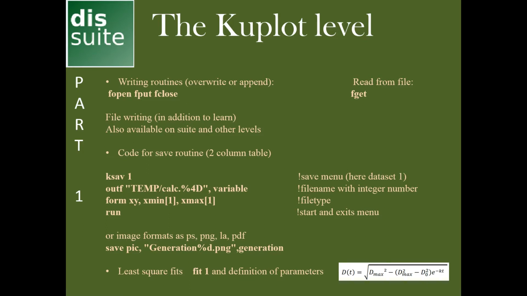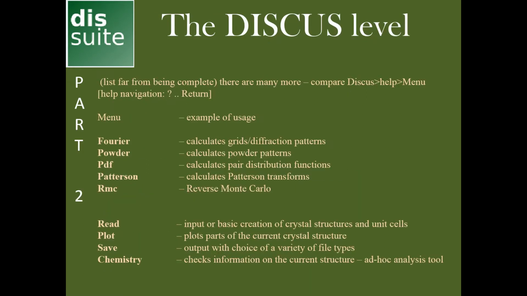In part 2 of this video, we are looking at the DISCUS level. The DISCUS part of the DISCUS suite is huge and it has a lot of submenus. A few of the submenus are so large and extended that we can't go through them here.